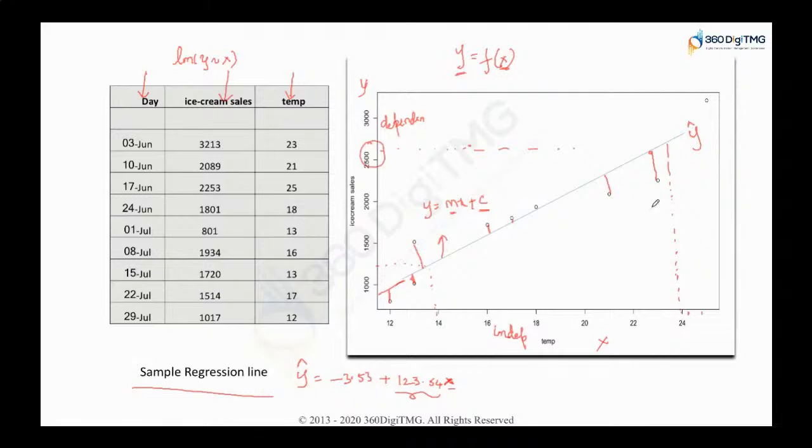The upside ones you call positive terms, and those below the line you call negative terms. The sum of all these distances to this particular line should be minimized.